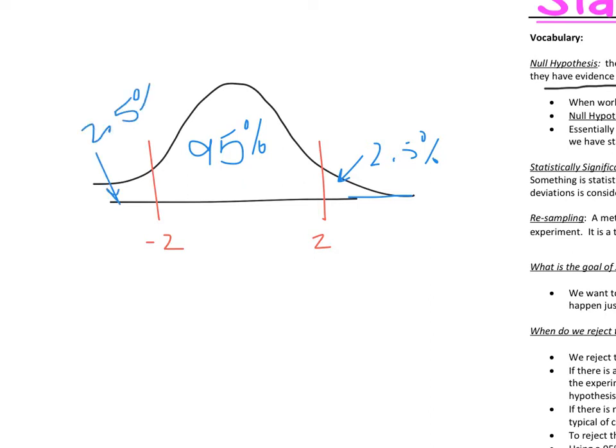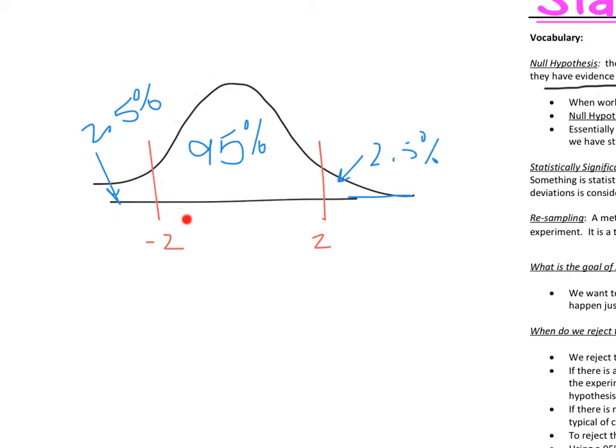Something is statistically significant when it lies within these tails of the bell curve. It is so rare to happen that it is not within the bulk 95% of the data. So when we use a p-value from the previous lesson of 2.5%, we reject the null, because it is less than the area in which it would be considered rare to happen.